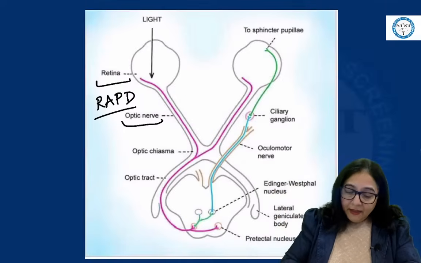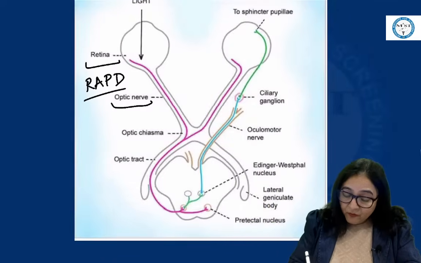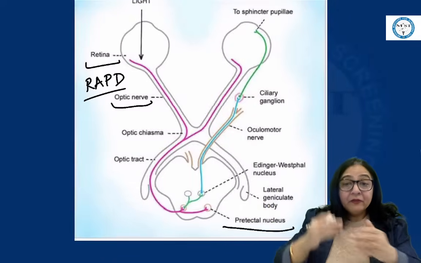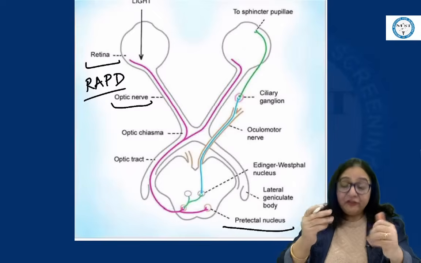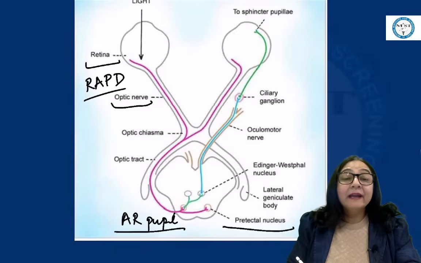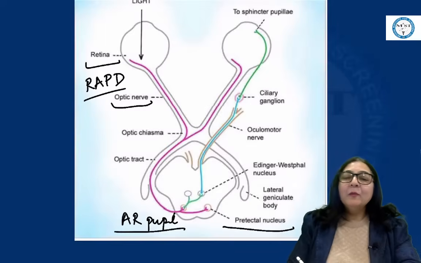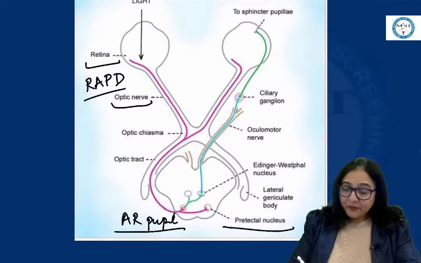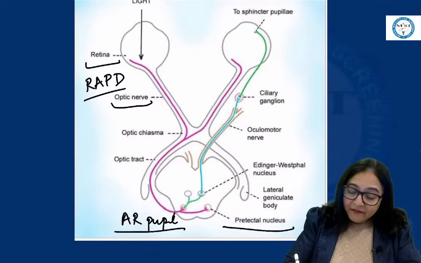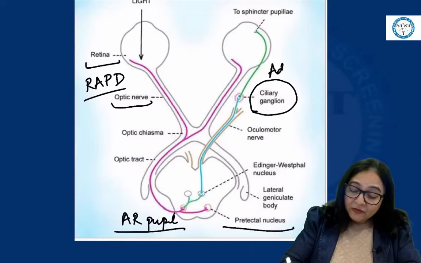Okay, if the lesion is in the pretectal area, there is light near dissociation, and this is called Argyll Robertson pupil, in which light reflex is absent but accommodation reflex is present. Okay, if the lesion is at the level of the ciliary ganglion, the parasympathetic ganglion, that can lead to Adie's pupil.